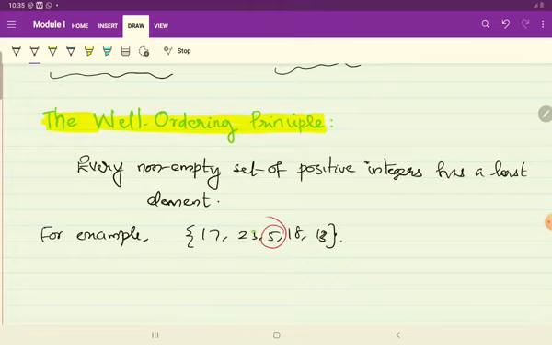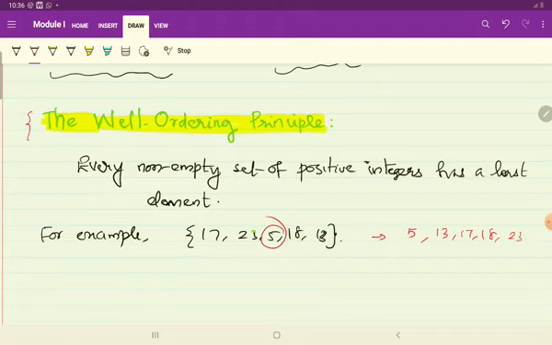The elements can also be ordered in ascending order as 5, 13, 17, 18 and 23. So by virtue of the well ordering principle, the set of positive integers is said to be well ordered. Well ordering principle is a basic tool for proving results in number theory.